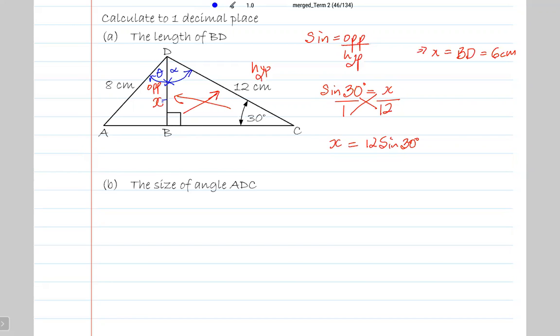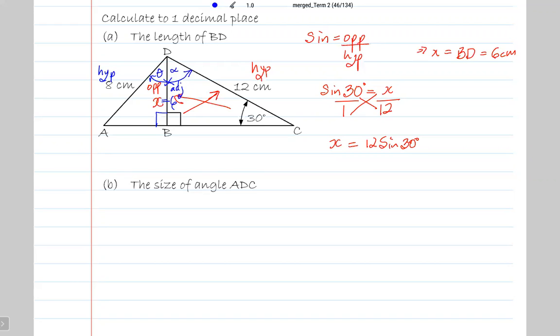You remember we found x earlier and x is 6. Now, looking at the triangle on the left, 8 is the hypotenuse. The side in front of the angle, AB, would be opposite, and therefore BD, which is 6, would be adjacent.